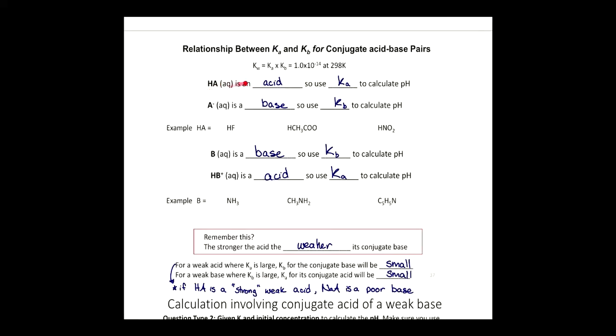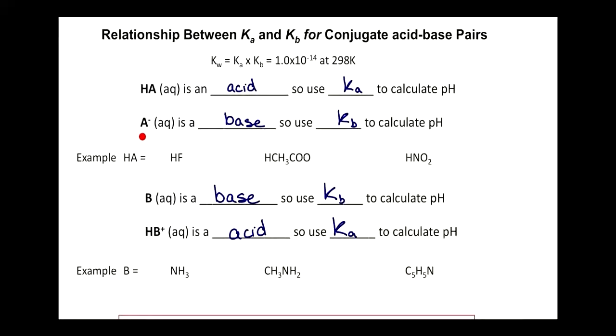HA is an acid, you use Ka to calculate the pH. But A minus is a base, so you have to use Kb to calculate the pH for that base. But you get that Kb for A minus from the Ka that's already known for HA, because you'll find HA in the book, but you won't find A minus in the book. So you have to calculate it yourself.